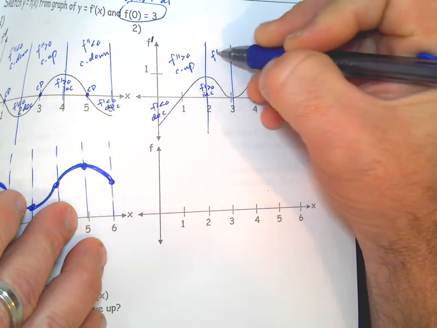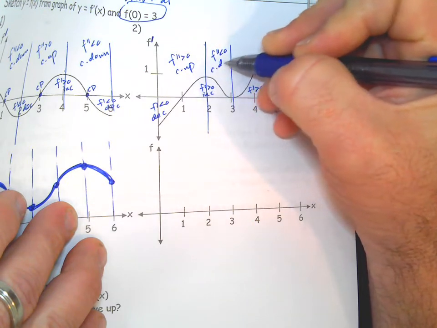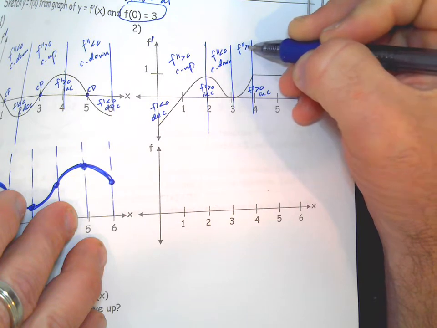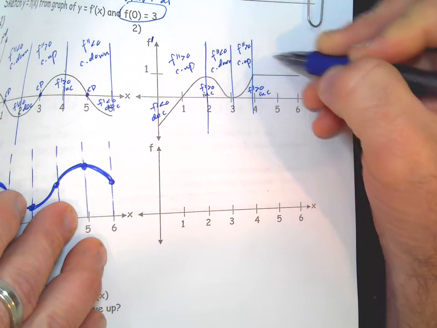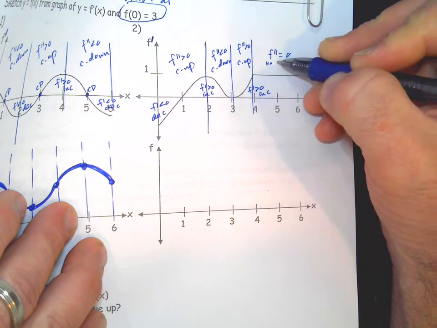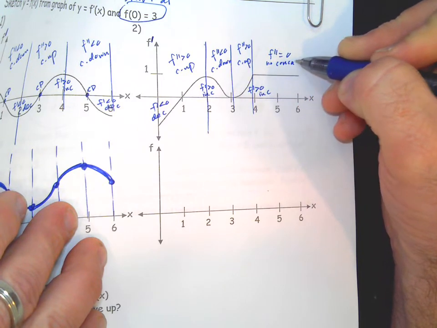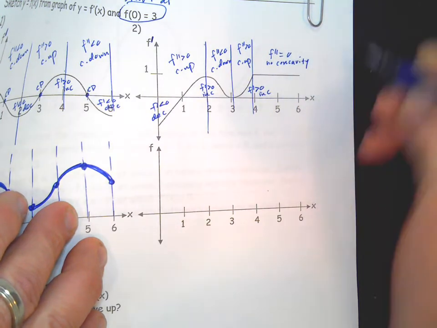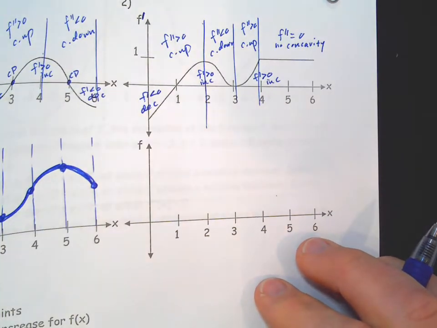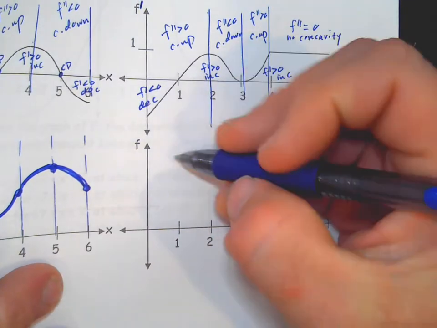F double prime is negative, concave down. F double prime is positive, concave up. And for here, f double prime equals 0, so it has no concavity. What kind of graph has no curve to it? A straight line. So got some good stuff here.